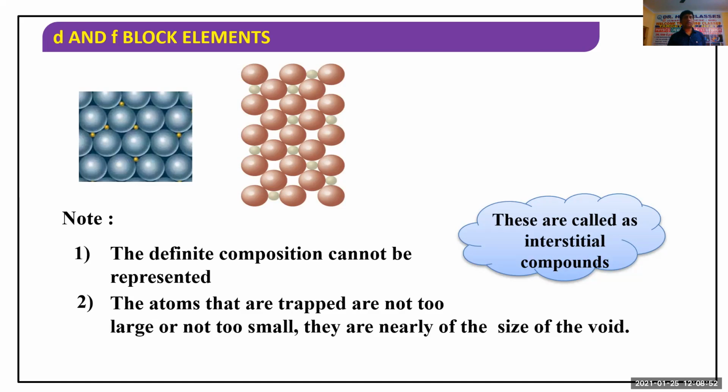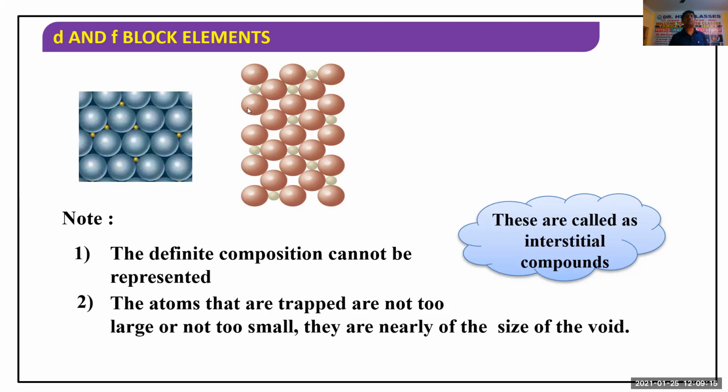The definite composition cannot be represented. The atoms that are trapped are not too large or too small. They are nearly the size of the void. So this is also known as void. Interstitial position is also known as void.